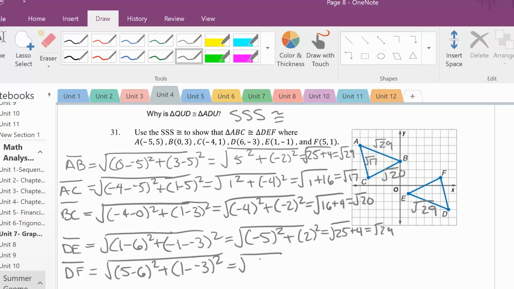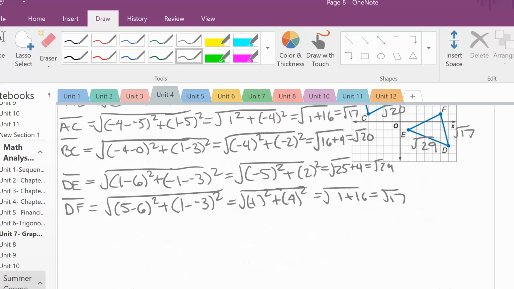So it's going to be negative 1 squared plus 2 squared. Sorry, 1 minus negative 3 is 4 squared. So it's going to be the square root of 1 plus 16, which is the square root of 17. So DF does match up with AC.